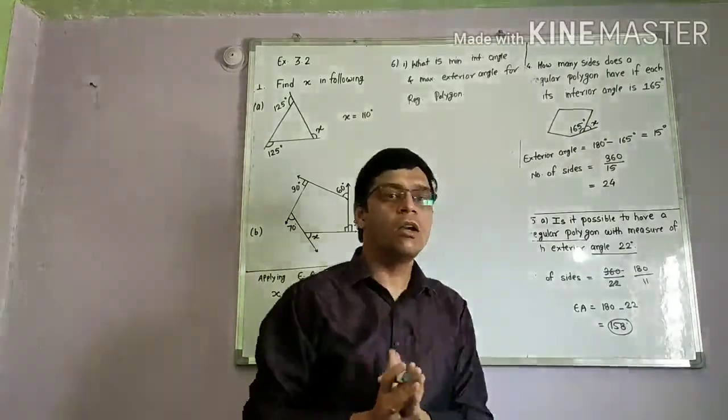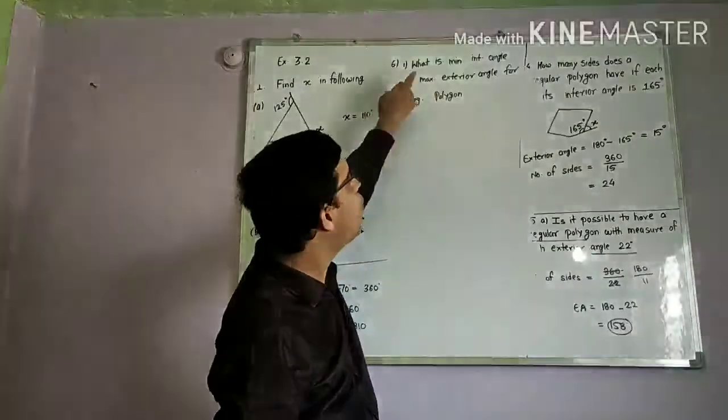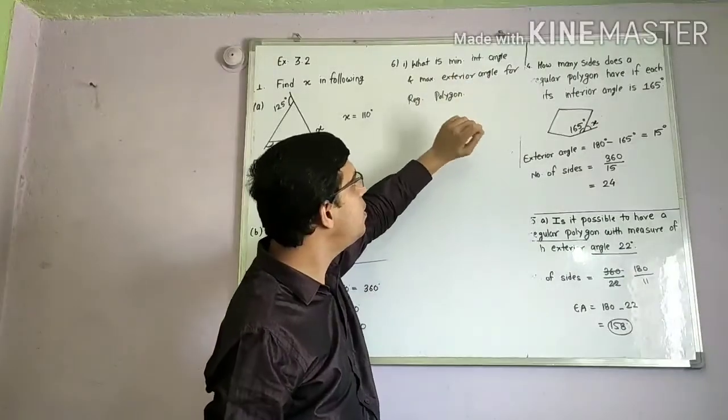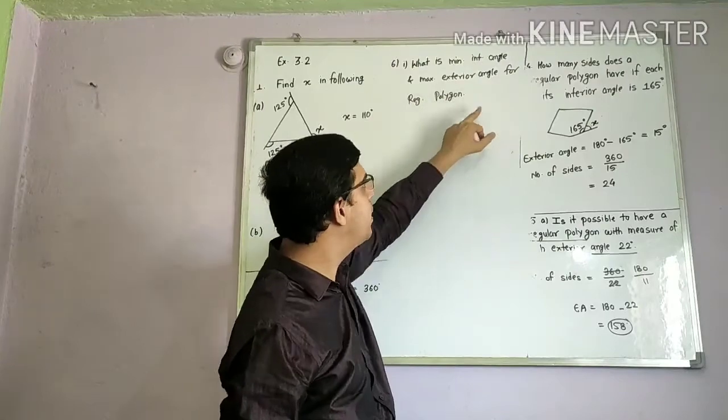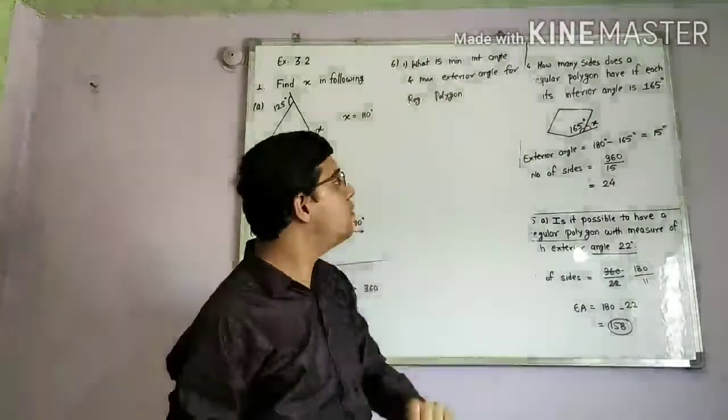Now our last question is, what is minimum interior angle and maximum exterior angle possible for a regular polygon?